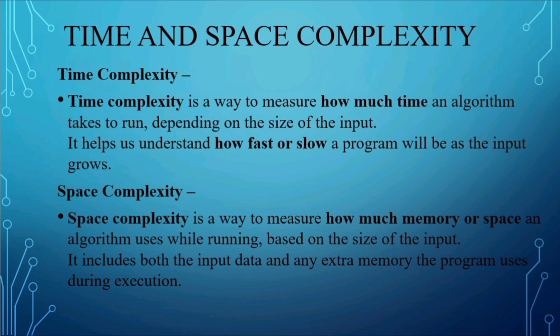If you don't need to store anything extra, it's called order of one space, just a constant amount. In simple words, time complexity asks how long it will take as the work gets bigger. Space complexity asks how much memory I will need as the data grows.